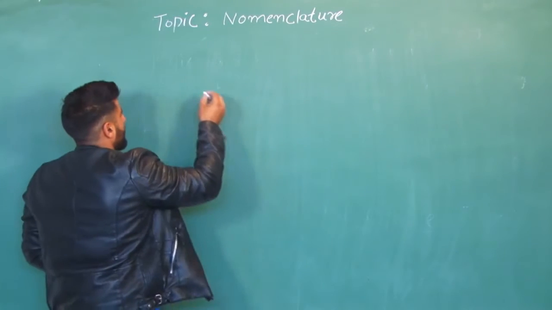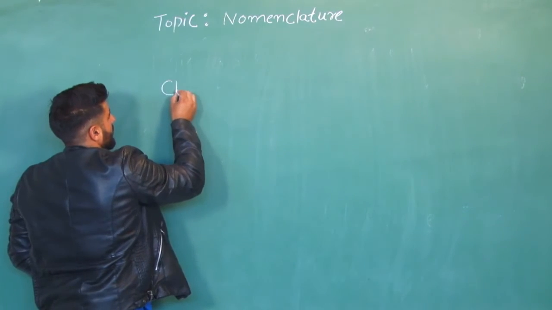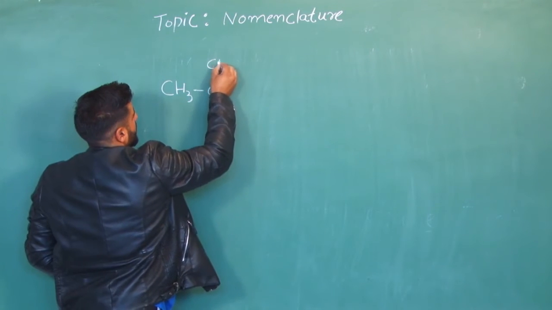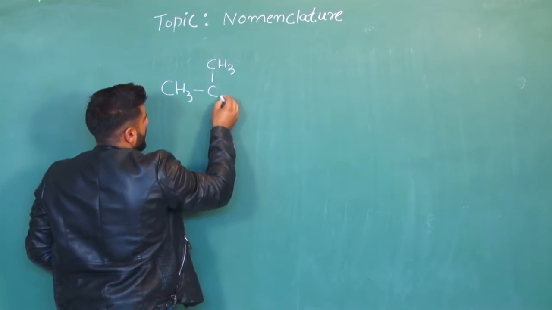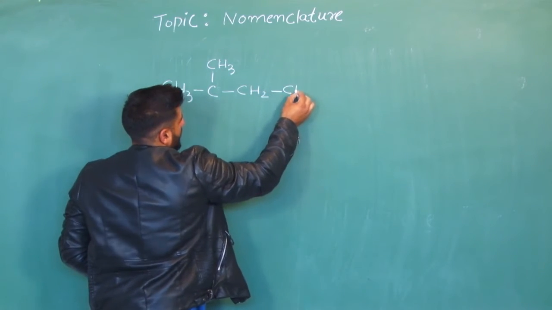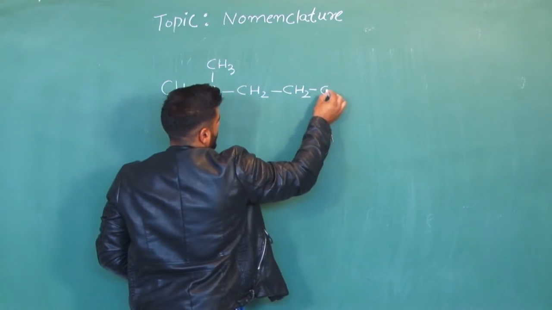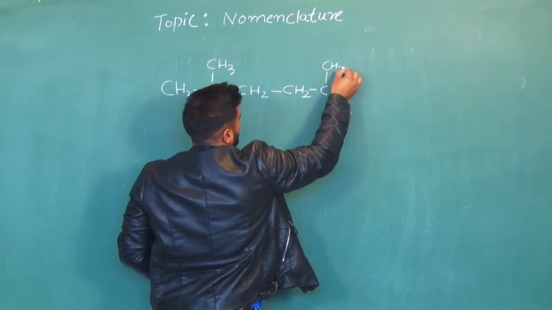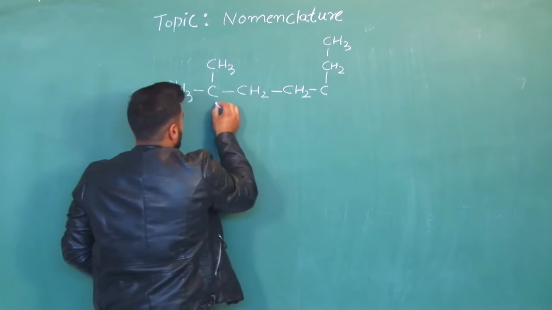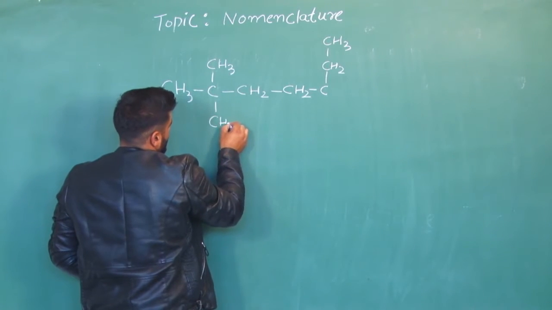Now another example. CH3, C, this is CH3, CH2, CH2, CH2, CH3, CH3.